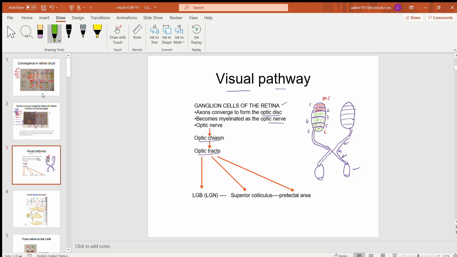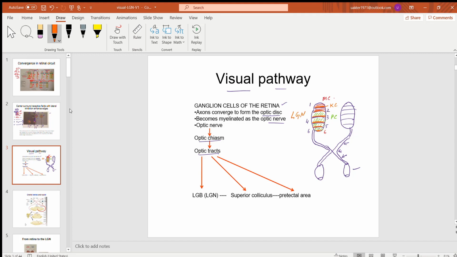Okay, parvocellular. And each of these 6 layers has a koniocellular layer. So this is konio. So 6 koniocellular layers. Okay, so those are the layers in the lateral geniculate nucleus.